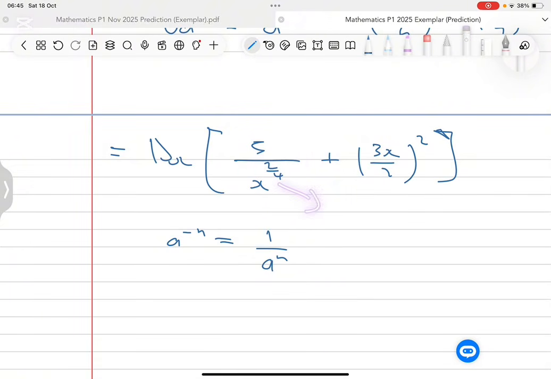Because remember, this is the same as having 1 over x to the power 2 over 4. So I can really take this back by saying this is x to the power negative 2 over 4. And just by the way, the 2 over 4 is the same as 1 over 2. We're also going to change that as well.